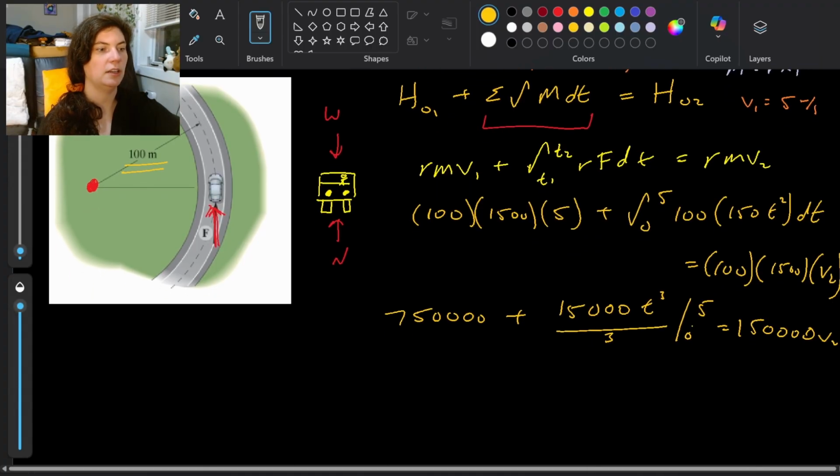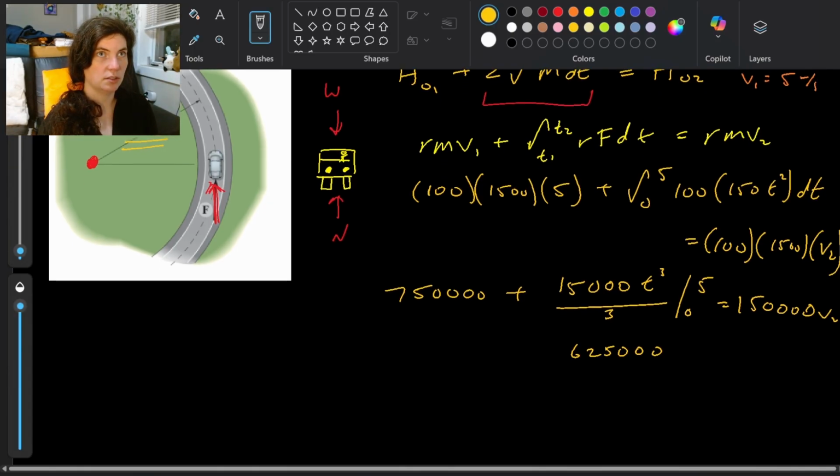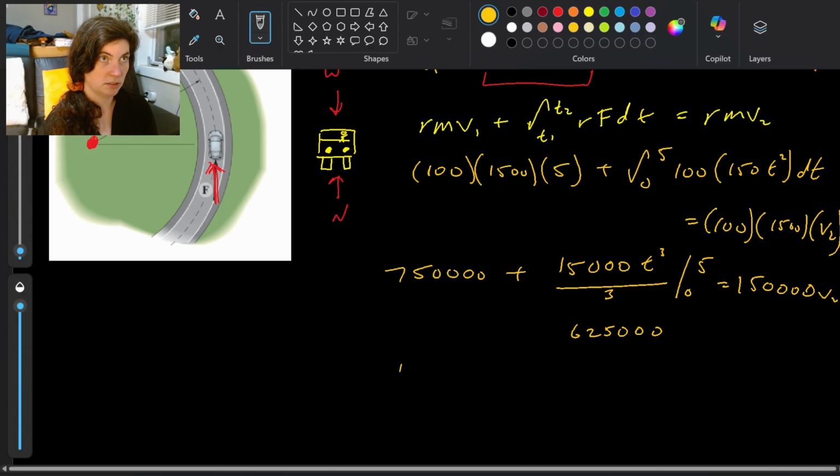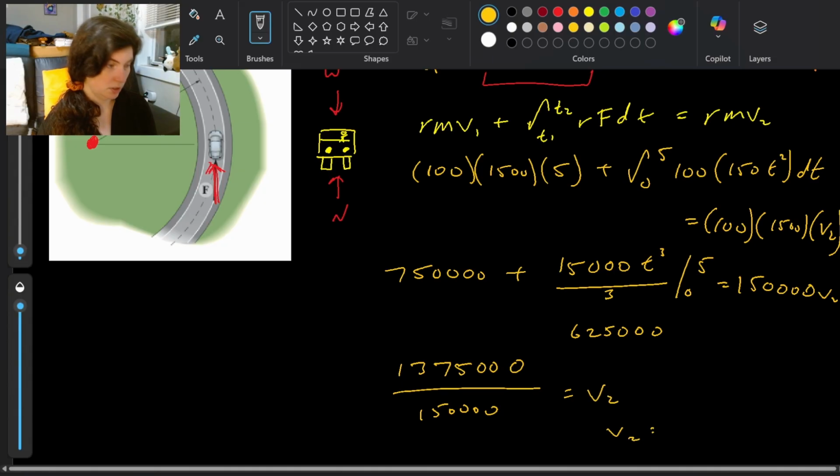And so I can evaluate that integral, and the integral gives me 625,000. So if I add those together and divide out that 150,000, 1,375,000 over 150,000 is my v2. So my final speed of my car after 5 seconds is 9.17 meters per second.